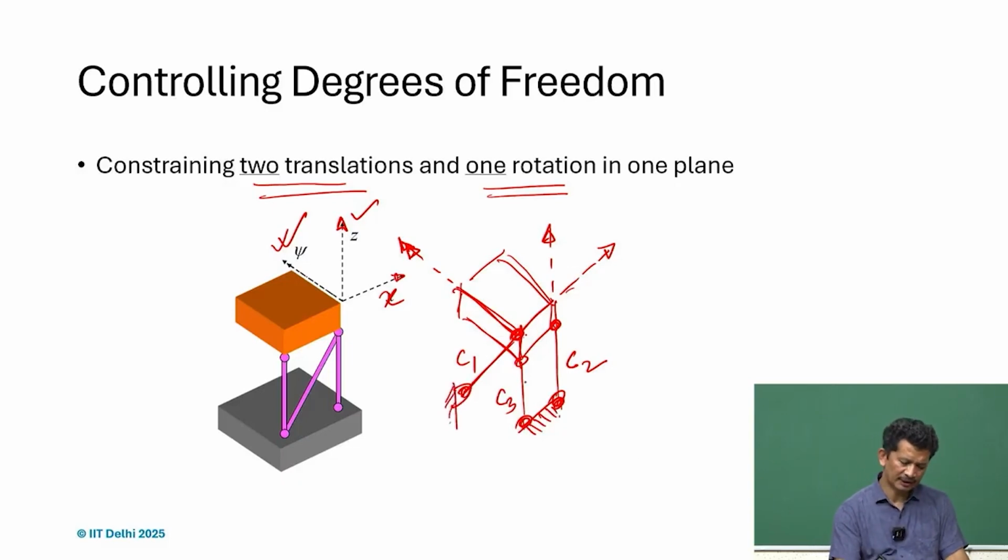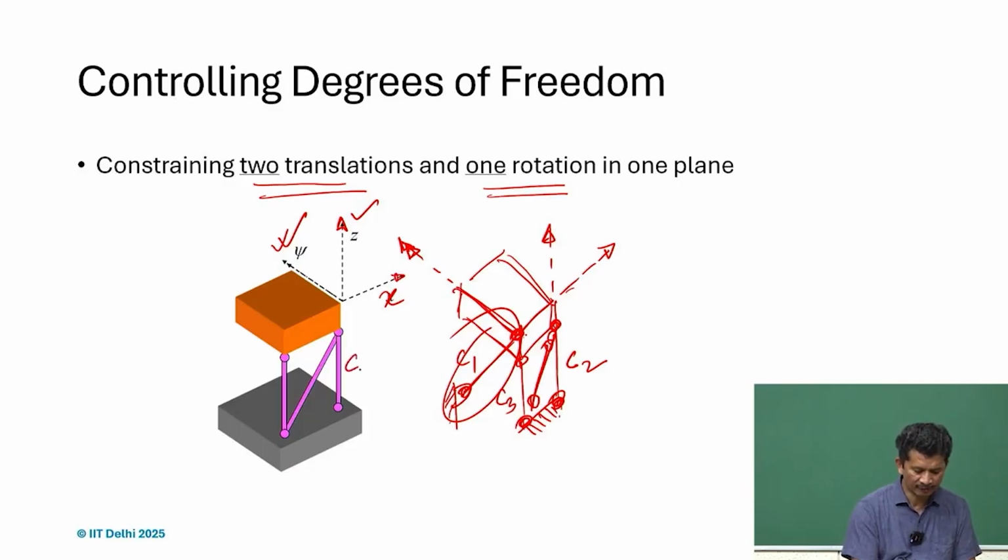But what we realize is that this C1 we can achieve also by placing the diagonal constraint, and therefore, we can have C1, C2 and C3 in this fashion. So, if we have two constraints parallel and one diagonal constraint, we constrain the translations x and z and the x-z rotation also.